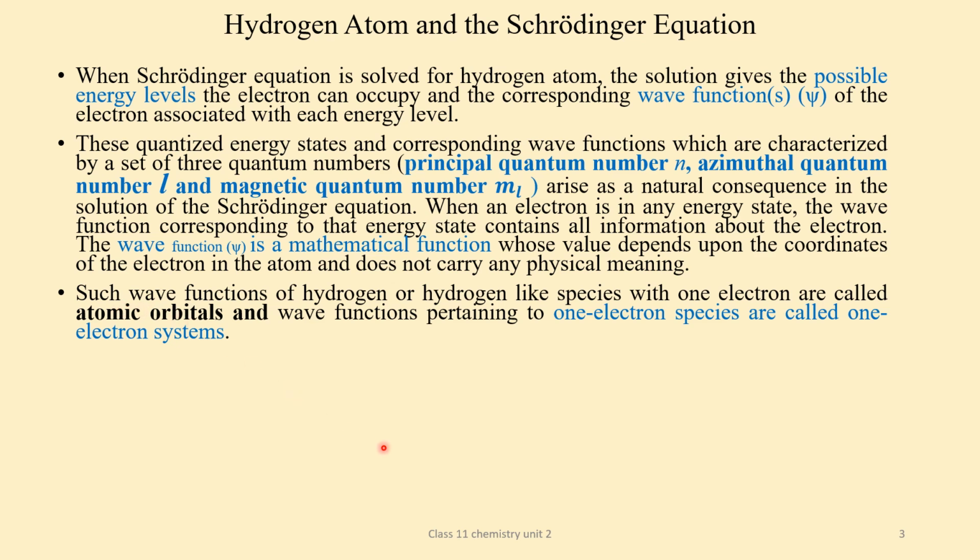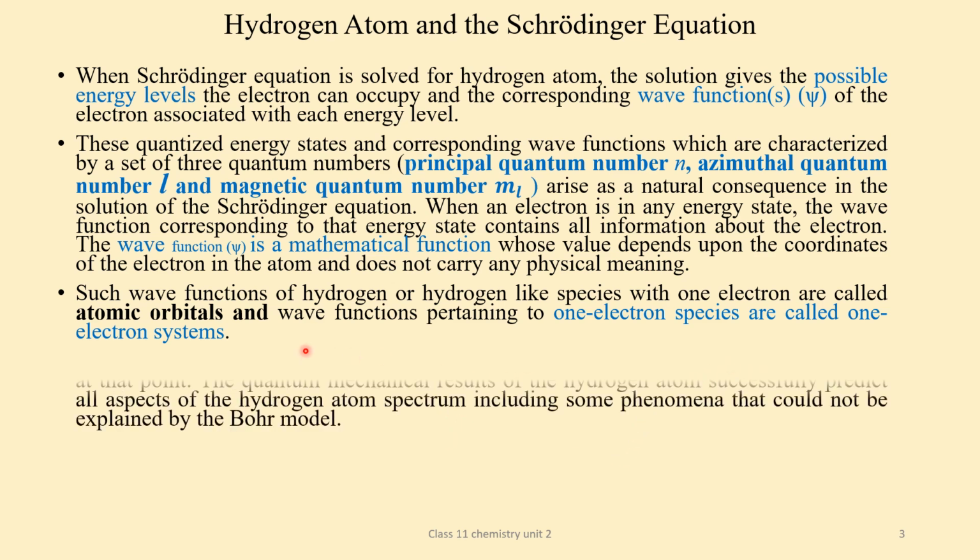Such wave functions of hydrogen or hydrogen-like species with one electron are called atomic orbitals. So wave functions are orbitals, atomic orbitals, and wave functions pertaining to one-electron species are called one-electron systems.